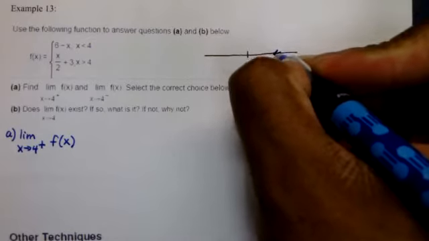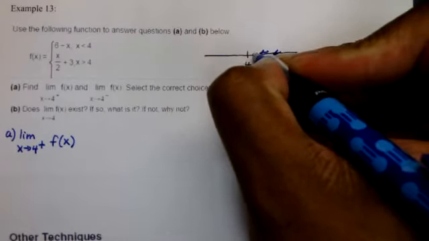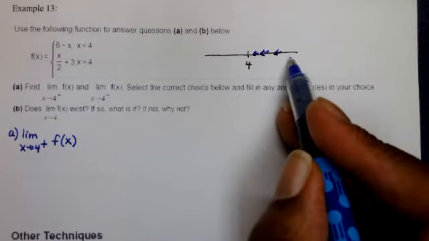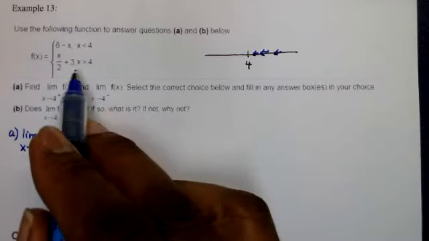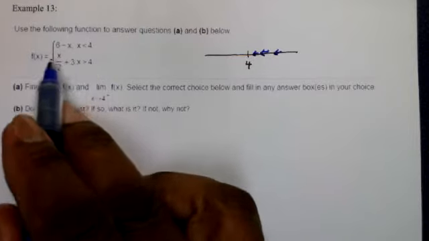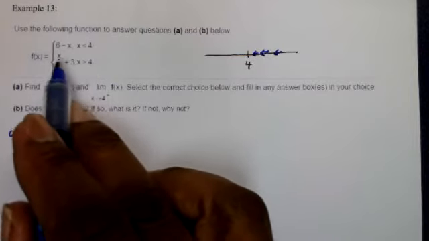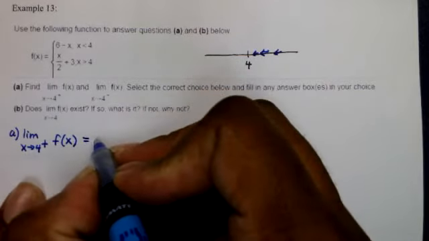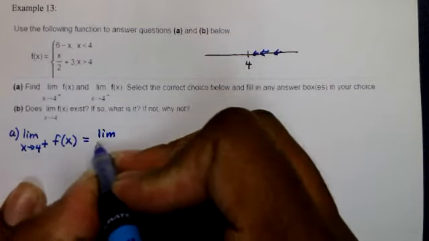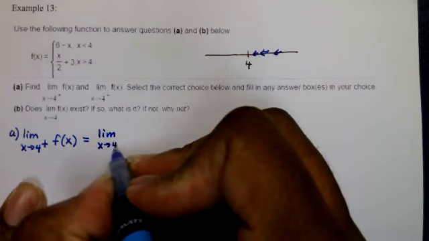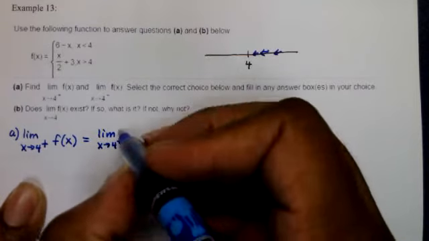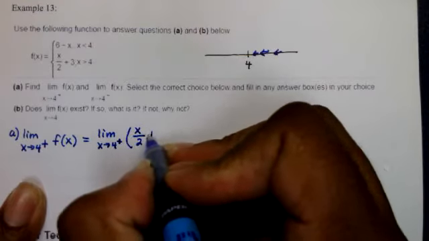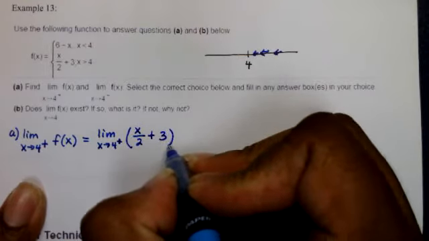If we're coming from the right of 4, that means our x values are going to be greater than 4. So that means anything greater than 4, we use this function, x over 2 plus 3. So here we're dealing with the limit as x approaches 4 from the right of x over 2 plus 3.